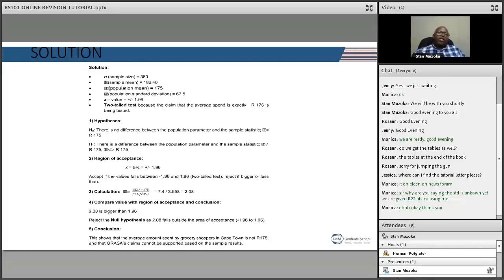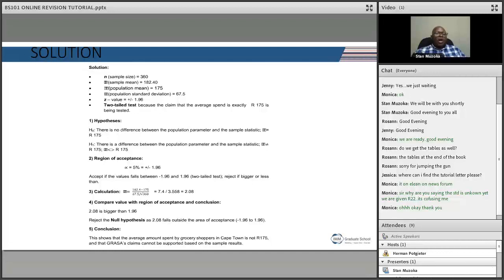Draw that distribution curve, have minus 1.96 on your left and plus 1.96, and say that the region of acceptance is between minus 1.96 and plus 1.96. If it's less than minus 1.96, you reject. If it's more than 1.96, you reject.